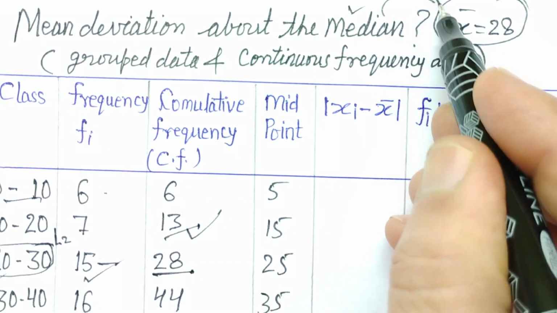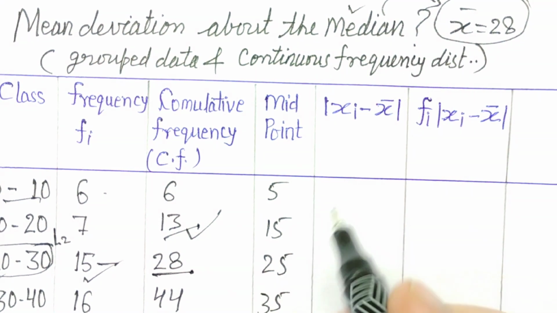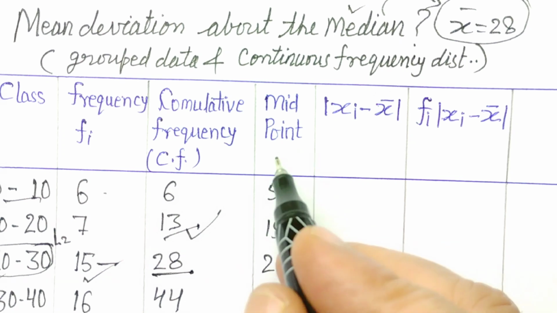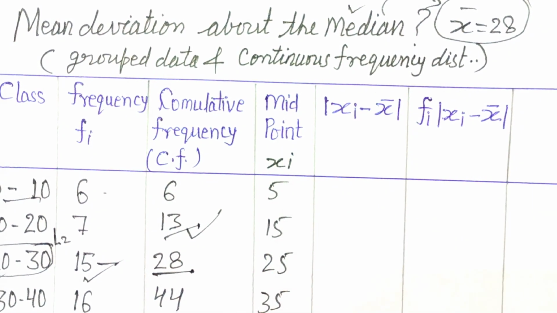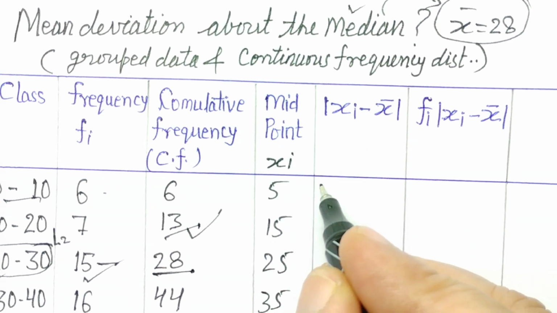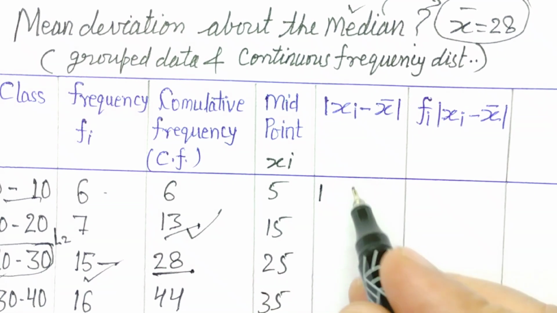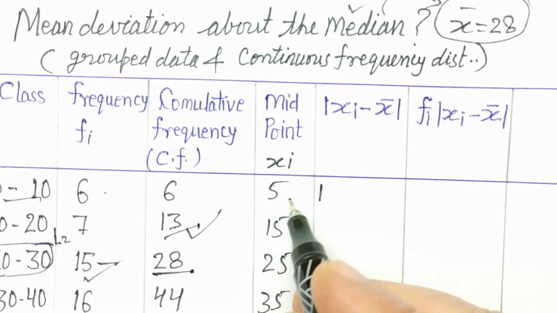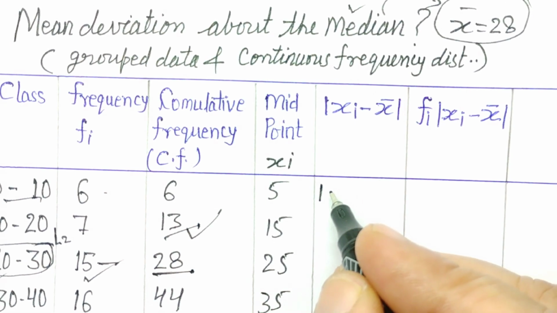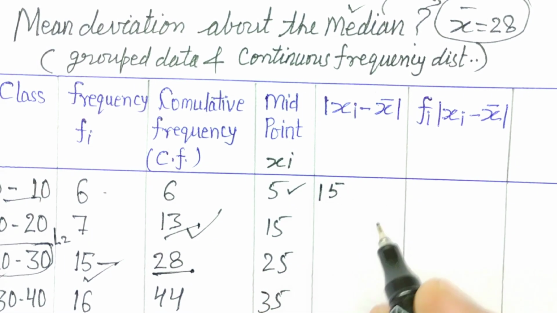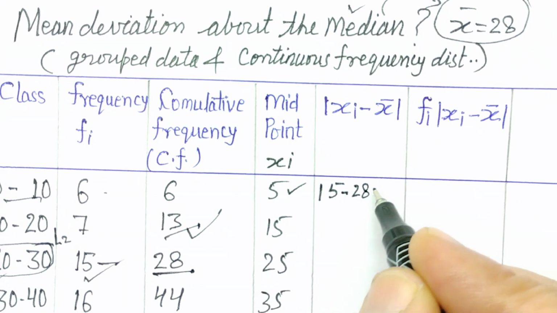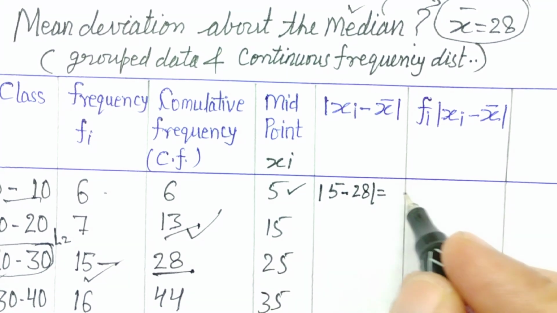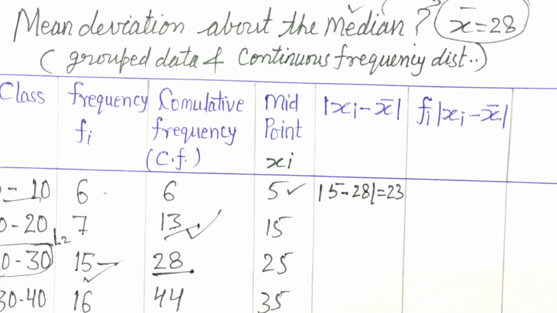This will be denoted by xi, right? Now xi is 5 here, 5 minus 28 is equal to 23, right?